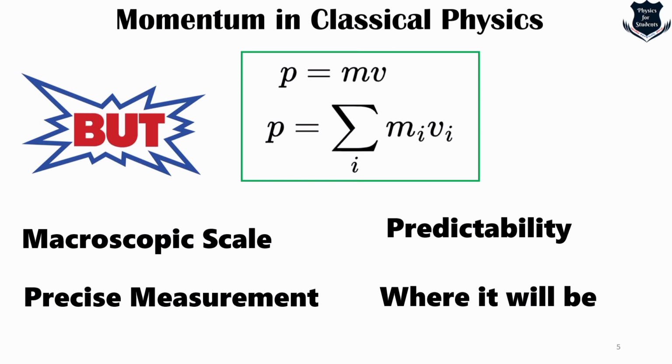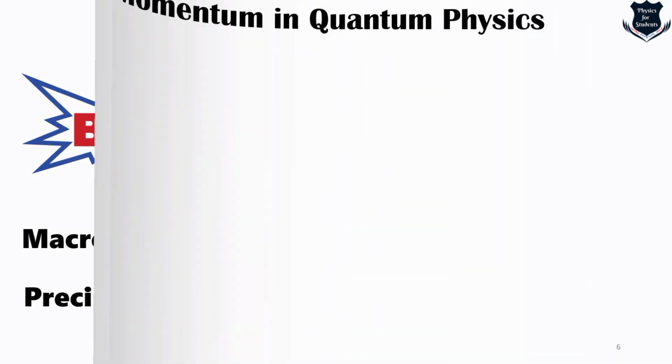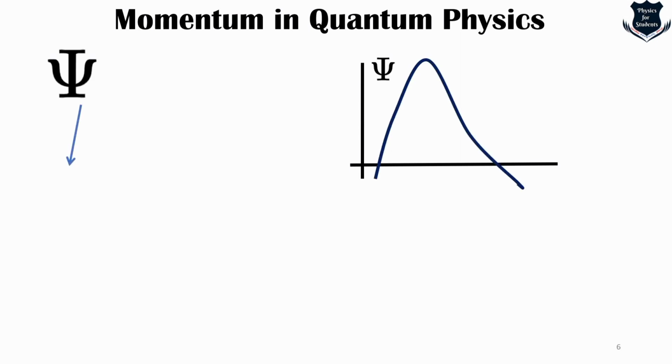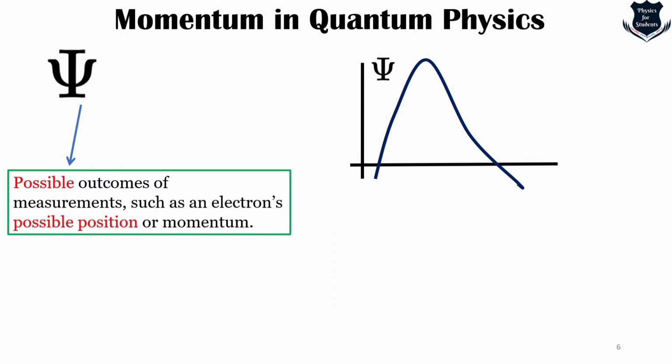But as you see, I have put a big but, because this is not the way quantum mechanics deals with it. When we find momentum in quantum physics, you see this is a kind of a wave, and it is given by this psi, that is the wave function. It only tells the possible outcomes of measurements, such as an electron's possible position or momentum. Remember that it only gives a prediction of what the possible position or momentum is.